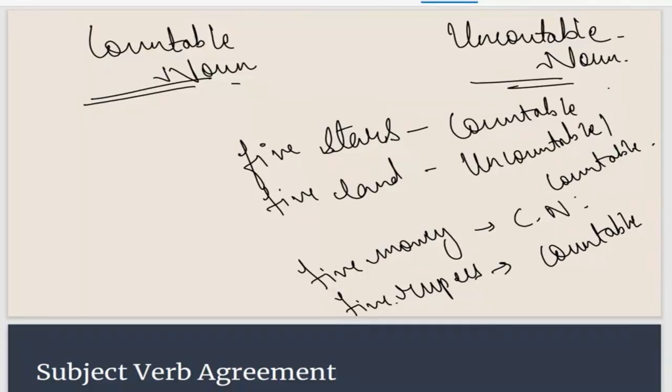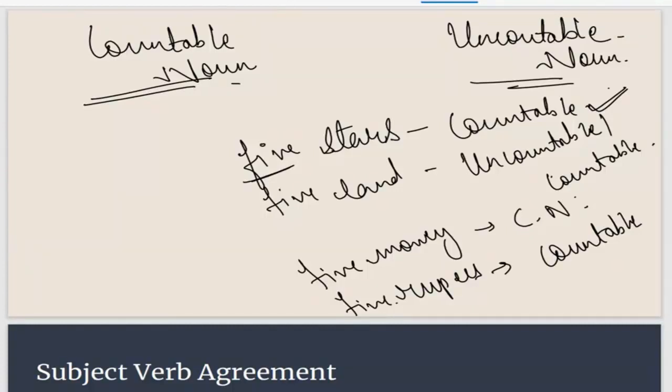Yes, we do say like that. So definitely star comes under countable noun because we can use counting numbers 1, 2, 3, 4, 5 before it. Now have a look at the second word. 5 land. Can we say that I have 5 land? No, it will be incorrect to say.